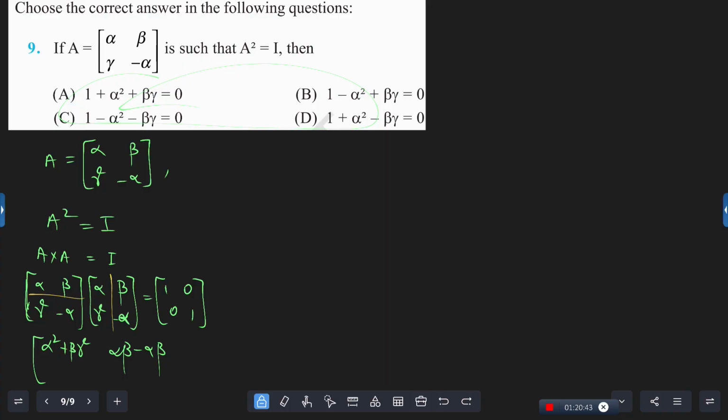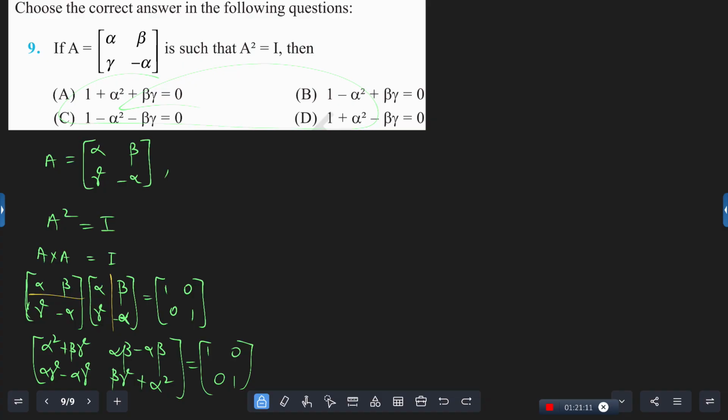Minus alpha into gamma, minus alpha gamma. Same gamma into beta, what will you get? Beta gamma. Minus alpha into minus alpha, minus into minus is plus, alpha into alpha, alpha square, which is equal to 1, 0, 0, 1.